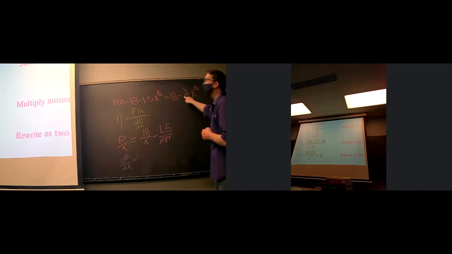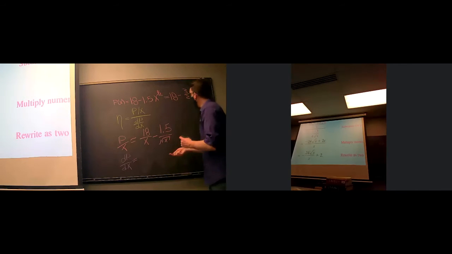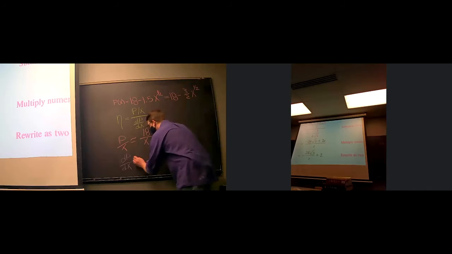We're going to multiply this by 1/2. That's going to be it, right? Because of the power rule. We're going to take the power, multiply by it, and then lower the power by 1. So this thing is going to come out to be negative 3 over 4 x to the negative 1/2 power.